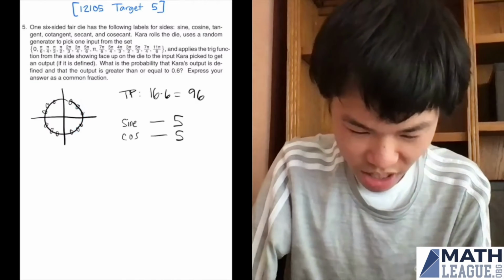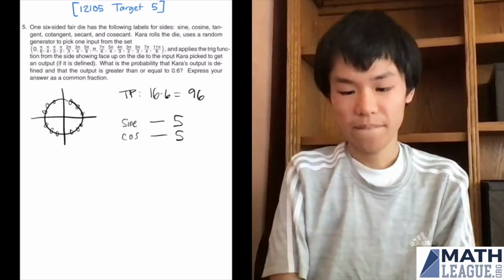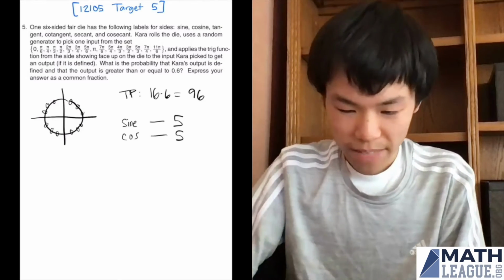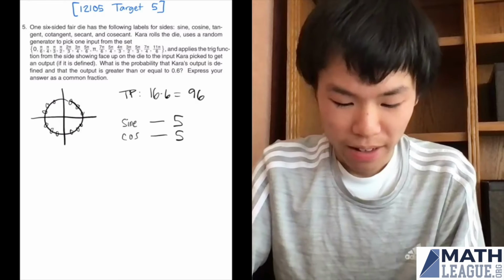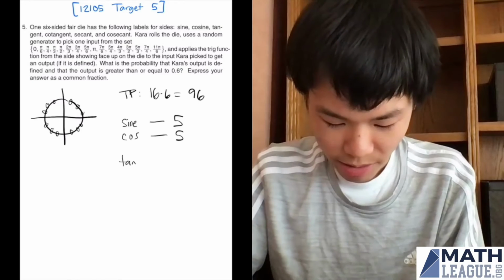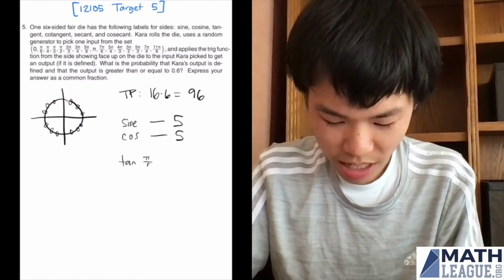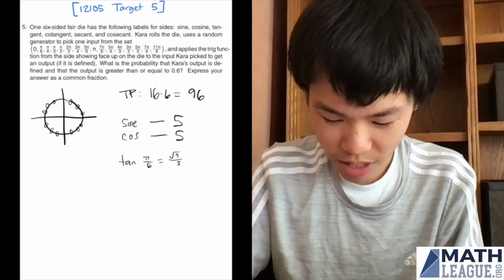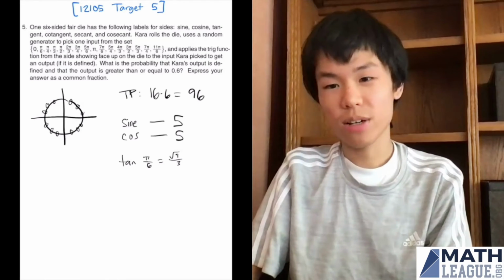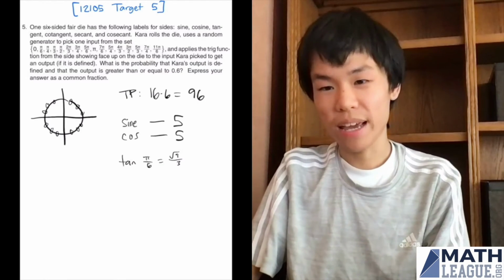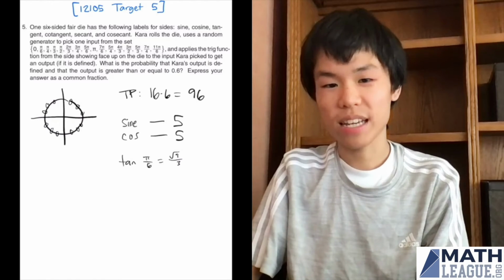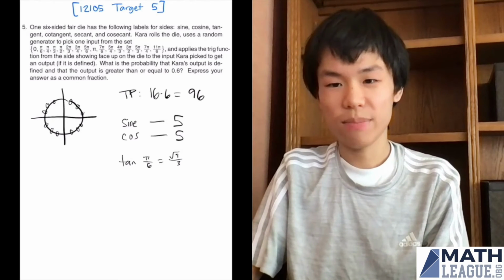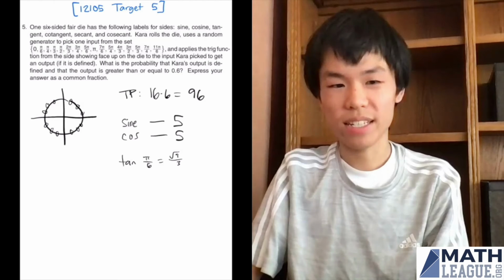And now tangent time. Tangent of pi over 6 is square root 3 over 3. Square root 3 is about 1.7, less than 1.8. 1.8 divided by 3 is 0.6. So tangent pi over 6 is going to be less than 0.6.